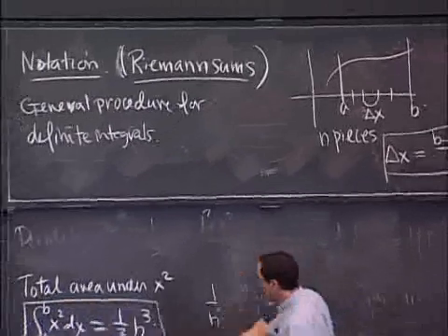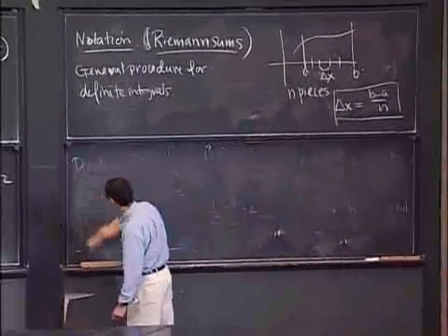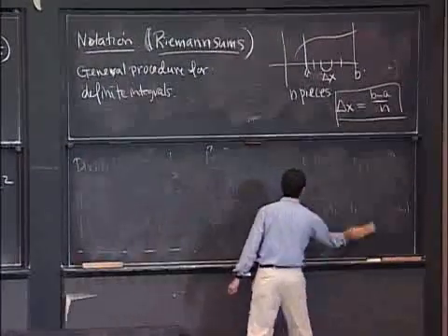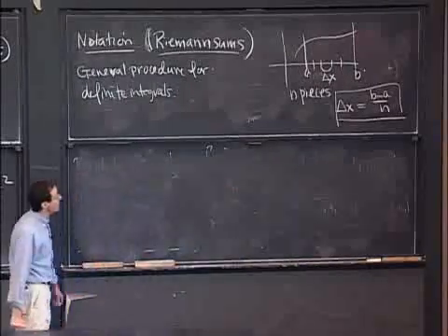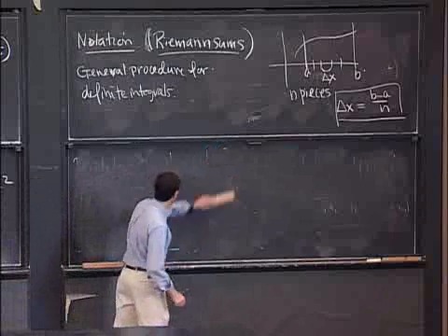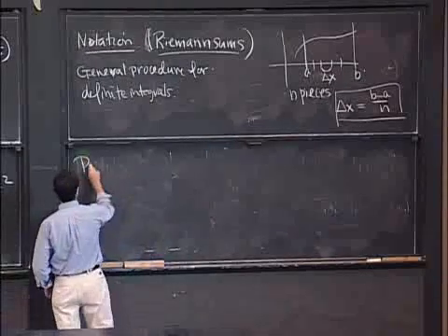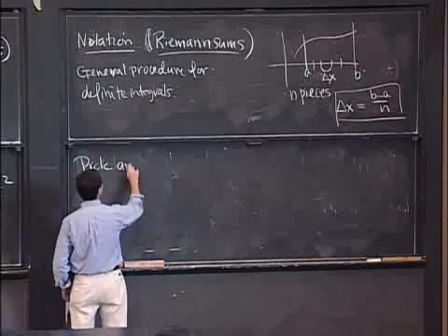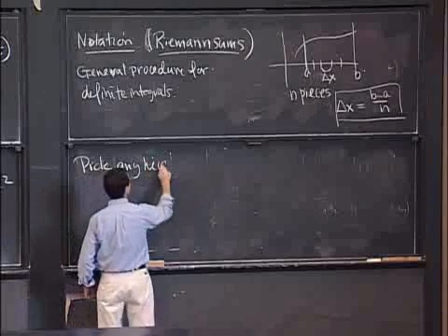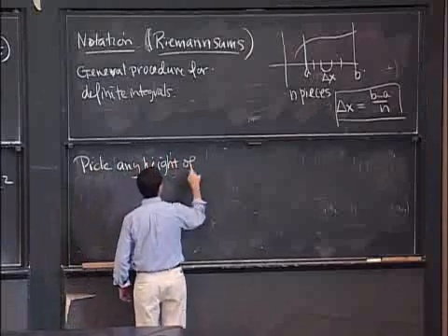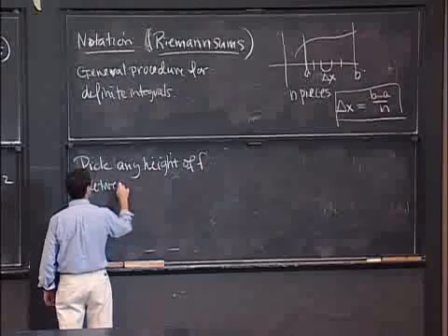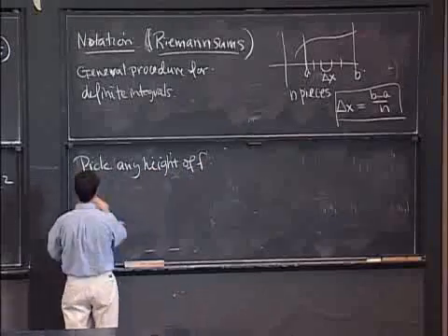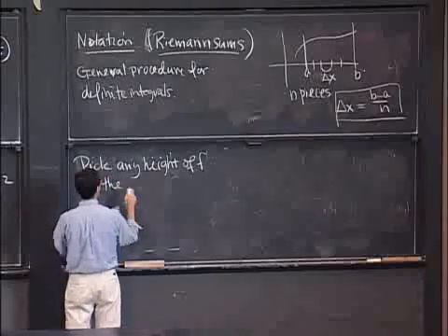And now there's only one bit of flexibility that we will allow ourselves, which is this. We're going to pick any height of f in the interval, in each interval.